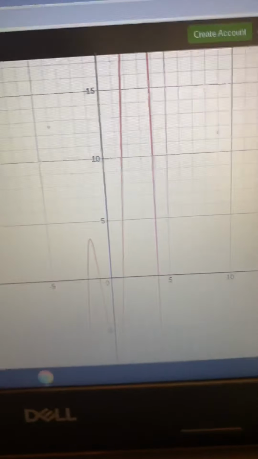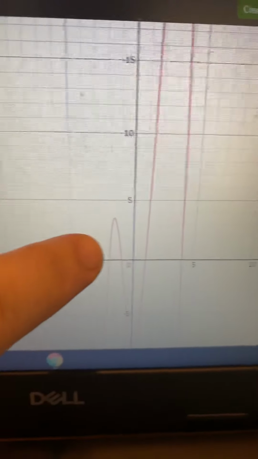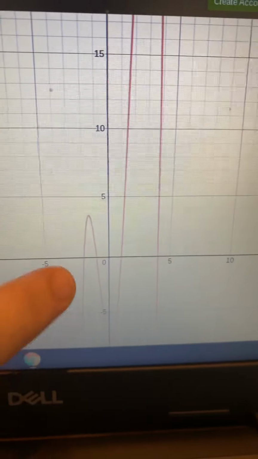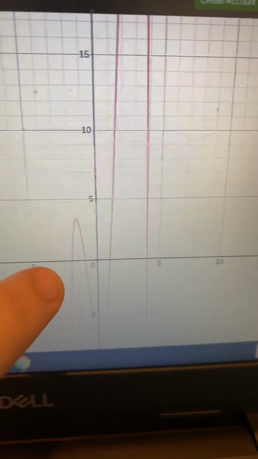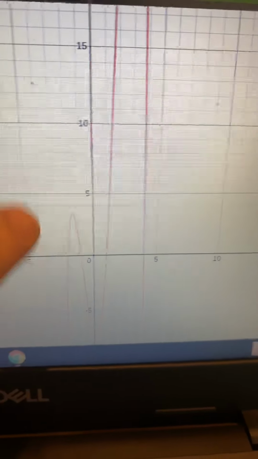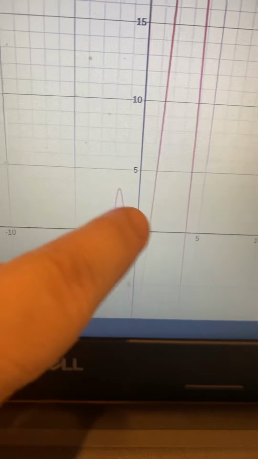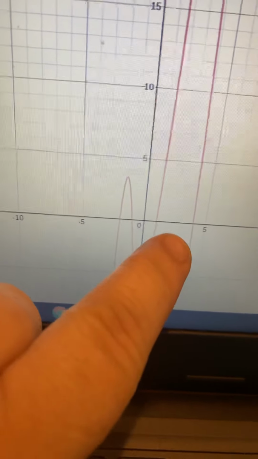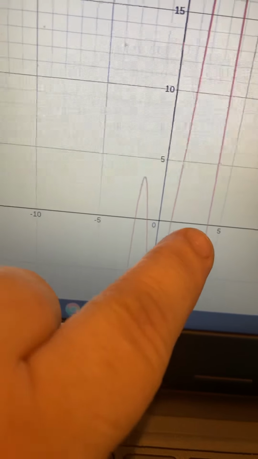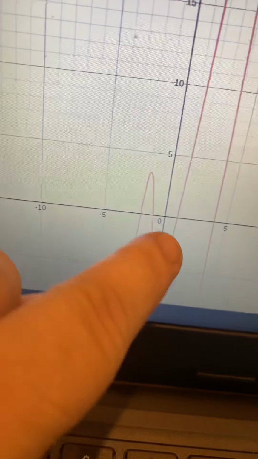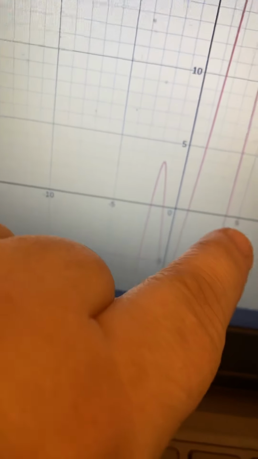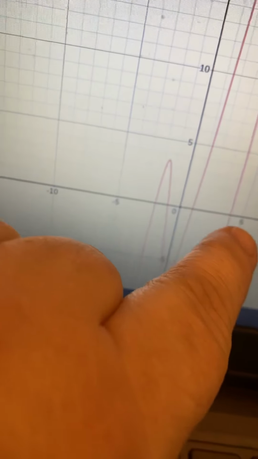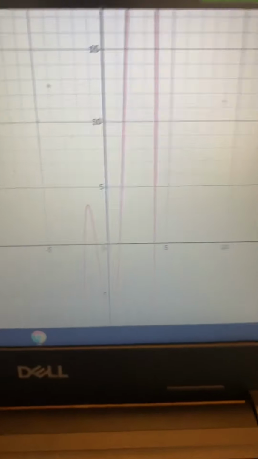After -2, anything after -2, it's negative. Between -2 and -1, I apologize, the value of my function is positive. Between -1 and +1, it is below the x-axis. Between 1 and 4, it is positive. And then everything after 4, the value of my function is negative.